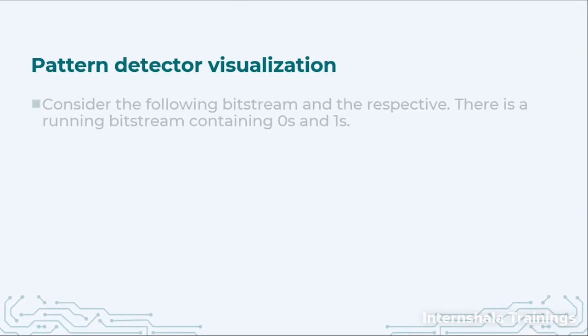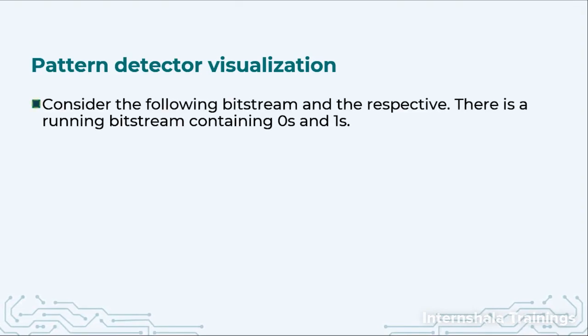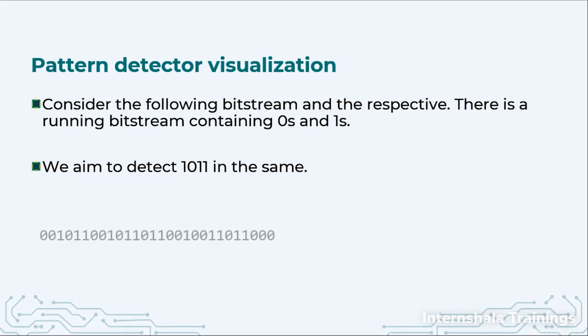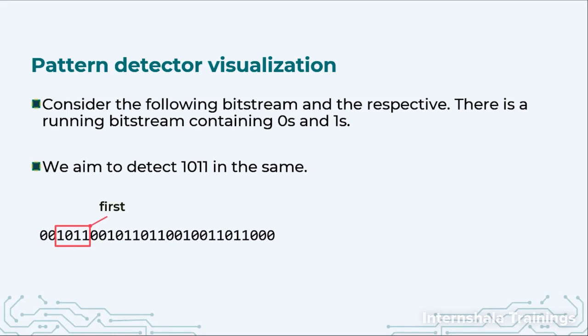So here let us first visualize what is going to happen. Consider that we have the following bit stream and we aim to detect only 1011. So here we have some numbers, maybe 20 or more than that, and we start scanning by our eyes and we can see that here is the first pattern. Then we move ahead and we find that here we have one more such pattern.